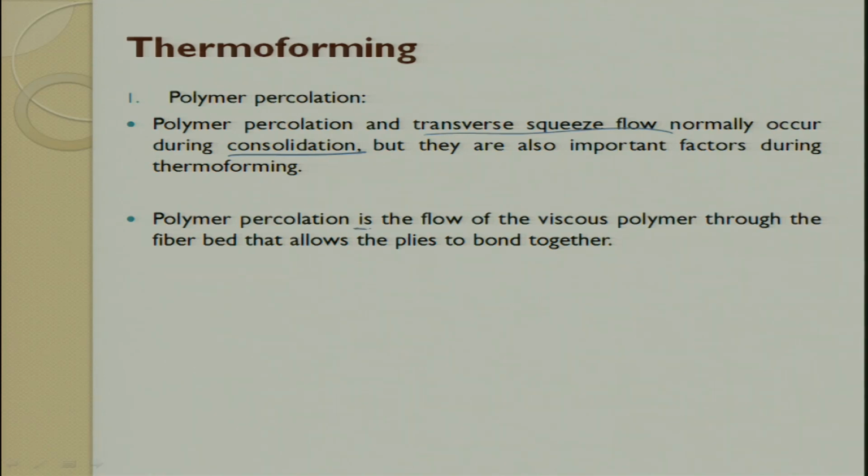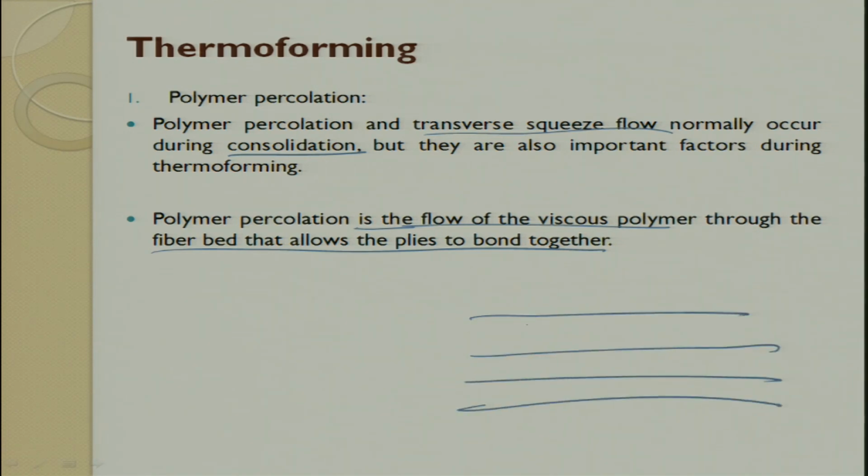In polymer percolation, the flow of the viscoelastic or viscous polymer through the fiber bed allows the plies to bond to each other. Basically, you have several fibers, and these fibers have to be stitched.